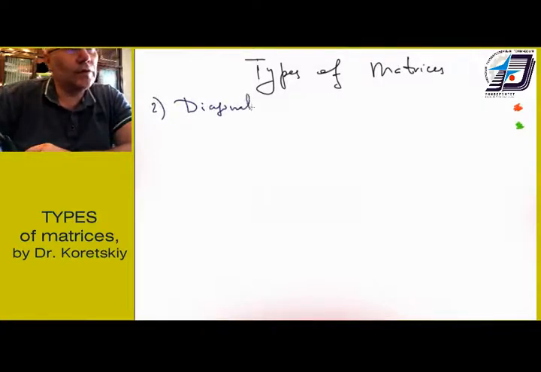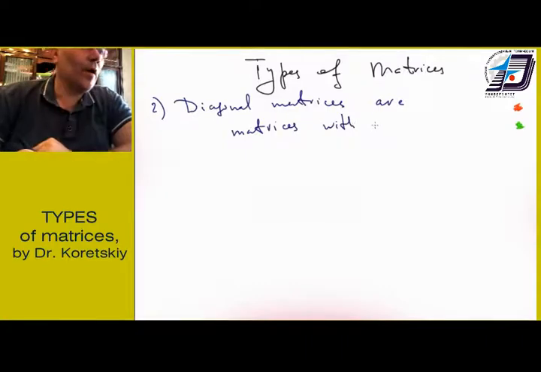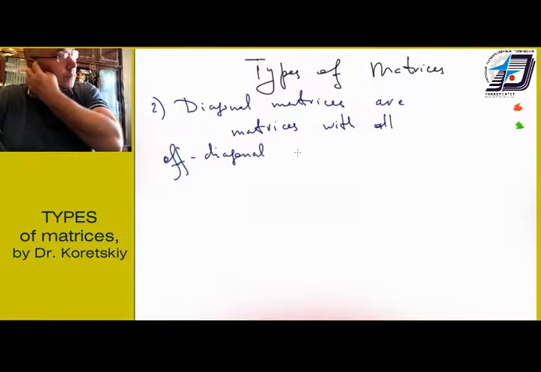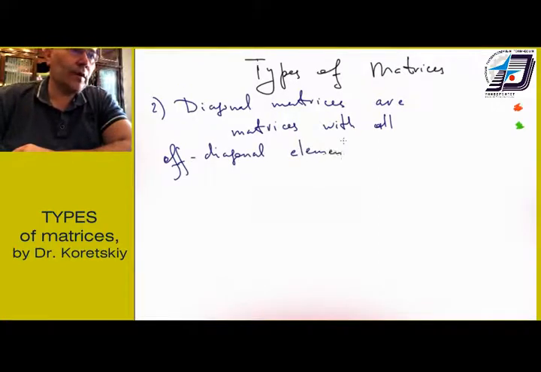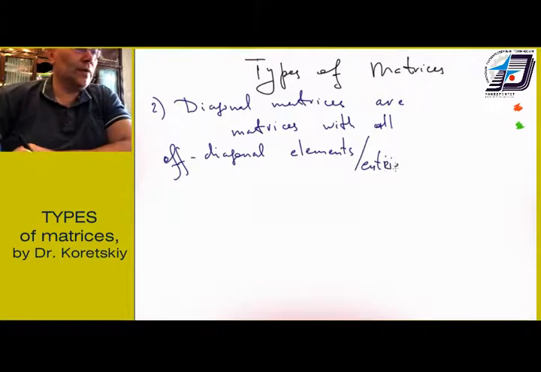Diagonal matrices are matrices with all off-diagonal elements, or entries, I remind you, equal to 0. Examples here.